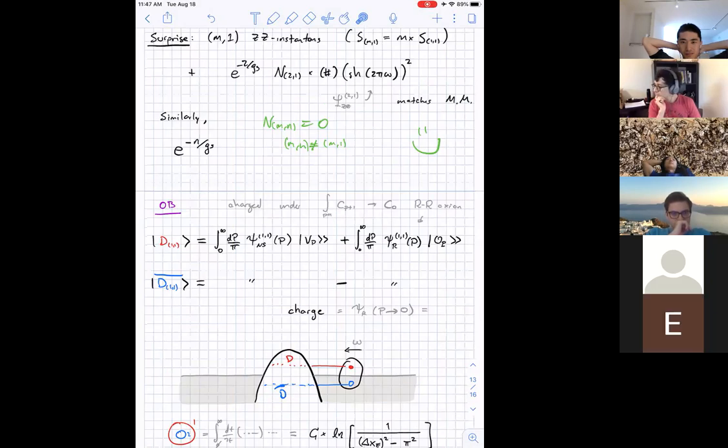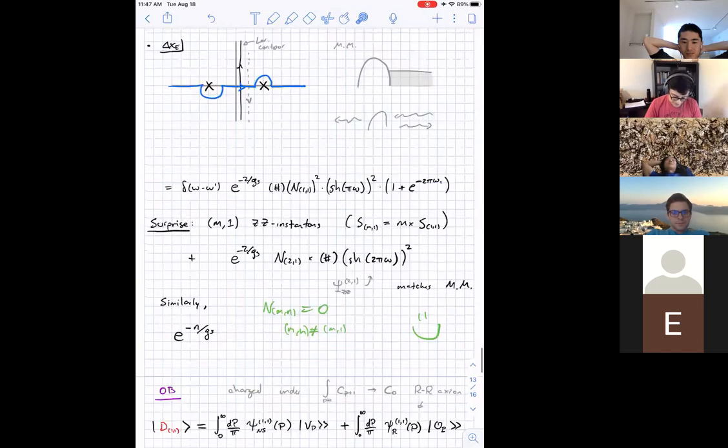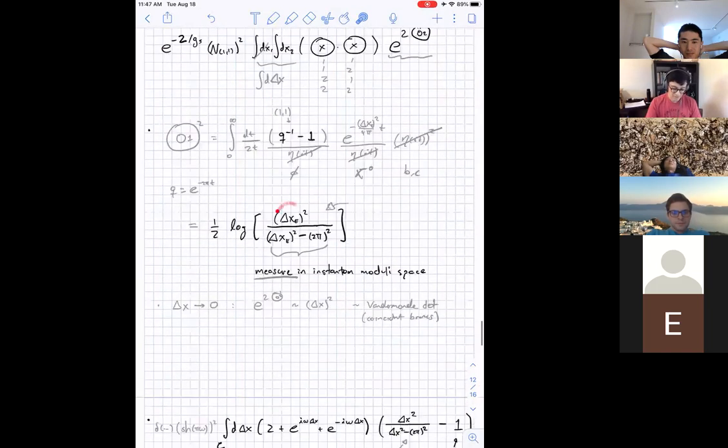Isn't that in the annulus amplitude that gives the measure factor? Well, from the measure factor, I can read, for example, that they have opposite charges, but not the fermionicity. Don't you get the Vandermonde that the eigenvalues should satisfy from somewhere? Oh, very good. Yes, thank you for reminding me that. Yeah, that is indeed true. Where did I write the measure? Yeah, so indeed the measure was here.